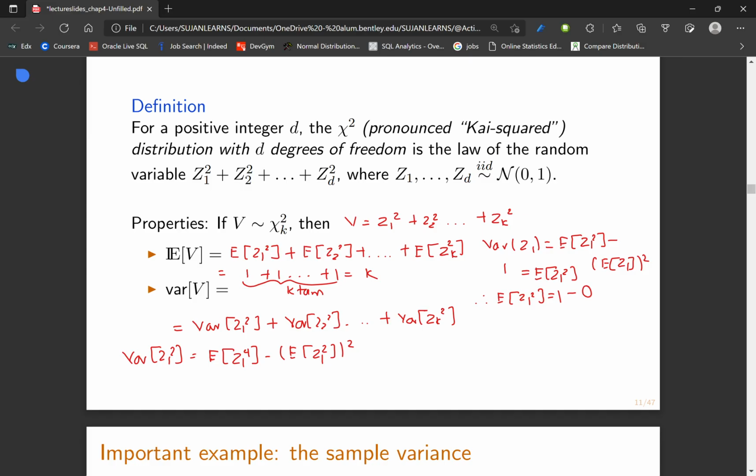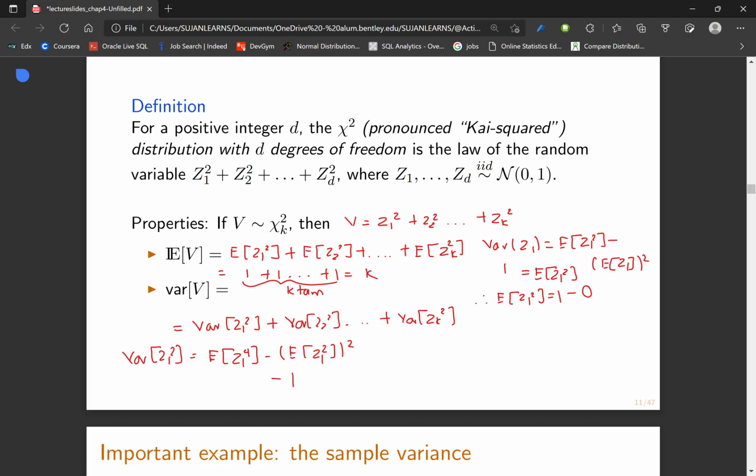Now we know expectation of Z1 square is 1 from the expression we already calculated earlier. What is the expectation of Z1 to the fourth? It is the fourth moment, kurtosis, and since Z1 is a Gaussian, the fourth moment of a Gaussian is 3.